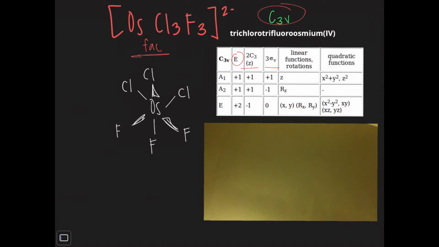For this example, we're going to be looking at the OsCl stretches, and we know that the operations that we're looking at are going to be identity, 2 C3 rotations, and 3 mirror planes. So now we're just going to calculate how many unmoved atoms it has.